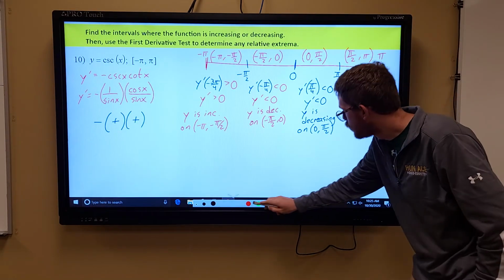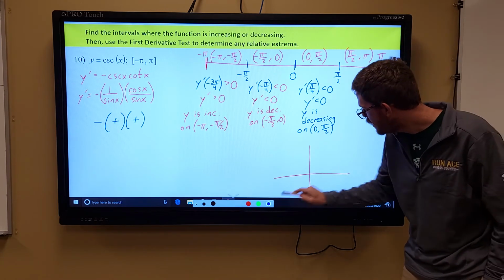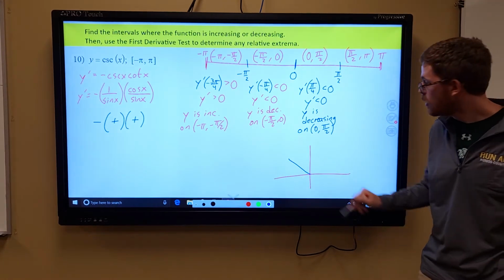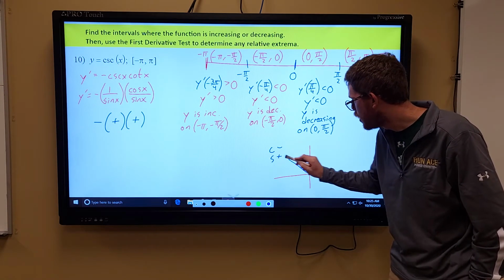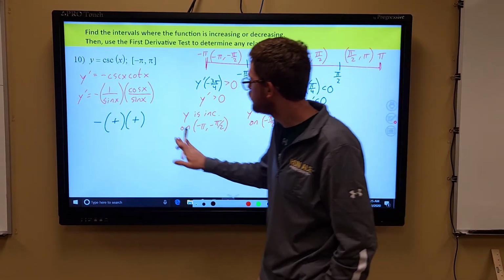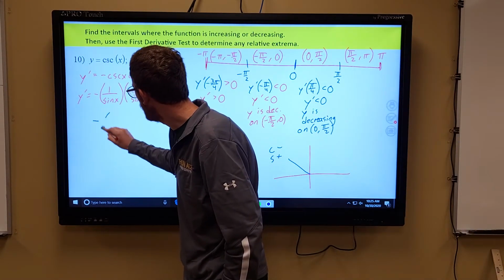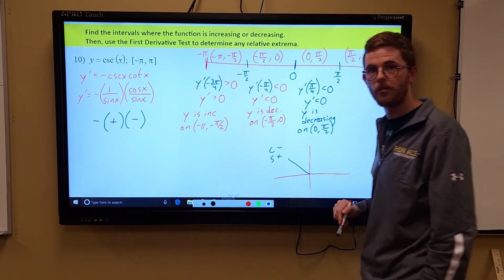Finally, we're looking at the quadrant from pi over 2 to pi. That's the stuff over here, where cosine is negative, sine is positive. And if cosine's negative, sine is positive, we'd have a negative times a positive times a negative.